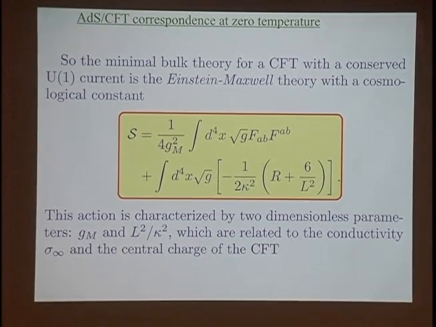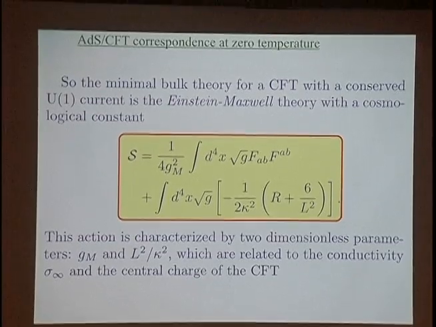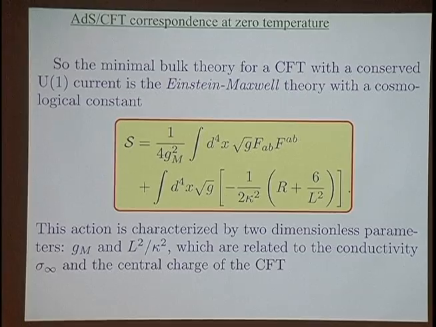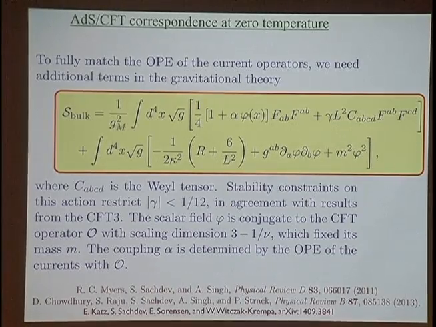But how about the OPE? So remember, I looked at the OPE of 2 Js that had many terms. So you want to match that too. The idea is that every OPE gets matched to some classical theory of gravity. And you have to actually add a few more terms. This is what took us a few years to figure out.